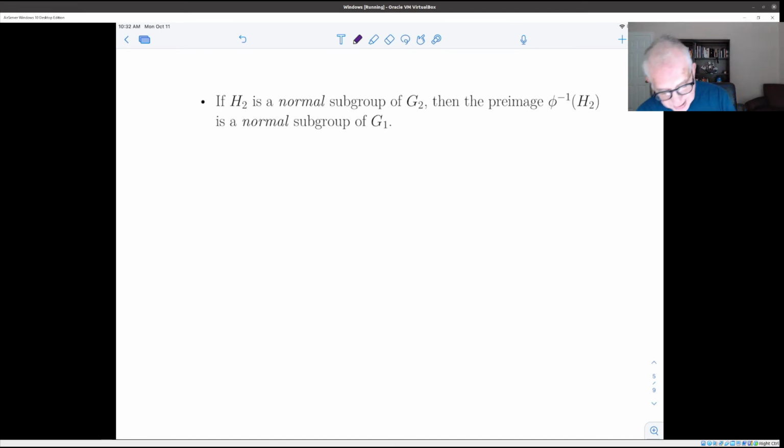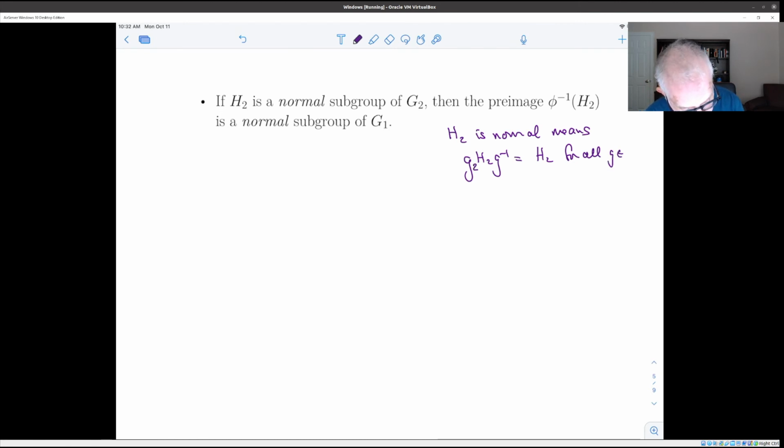So remember that H2 is normal. This is from our last section, and means that G2 H2 G2 inverse equals H2 for all G2 in G2.